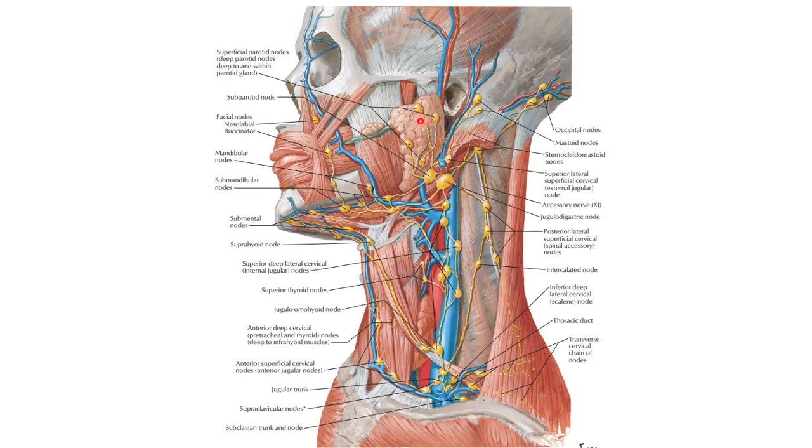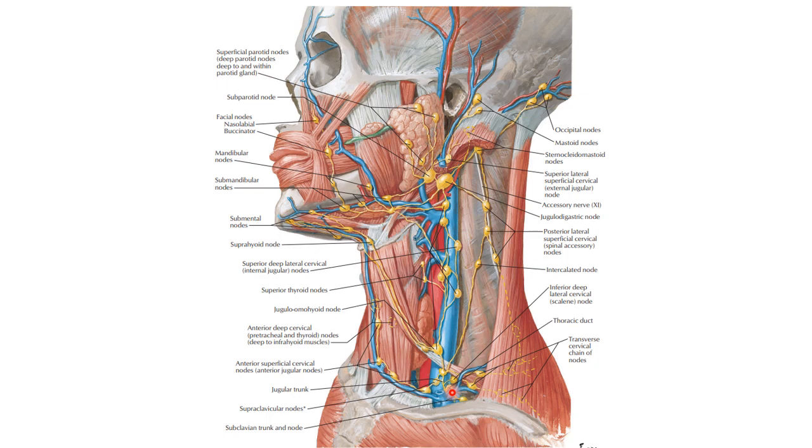And these nodes, in particular the parotid nodes, can either drain into the subparotid node, which is this one, and progressively go anterior and midline, or it can drain posteriorly into the posterior triangle, which would be your superior lateral superficial cervical node, sternocleidomastoid node, posterior lateral superficial cervical nodes, your intercalated node, and then your transverse cervical chain of nodes before emptying into the thoracic duct.